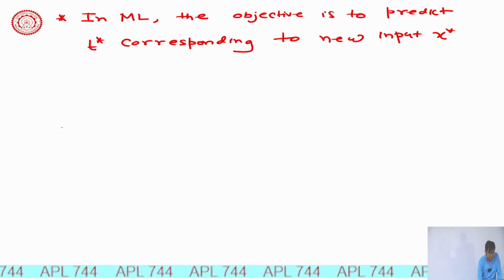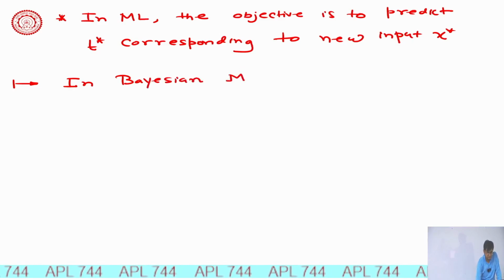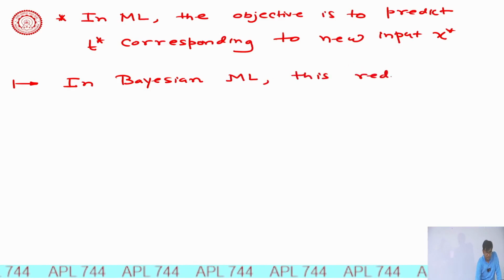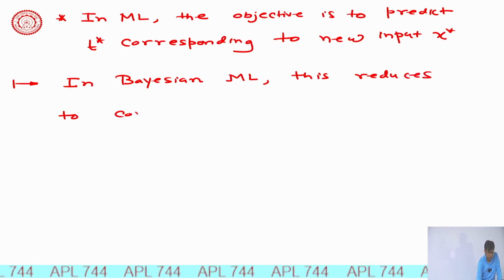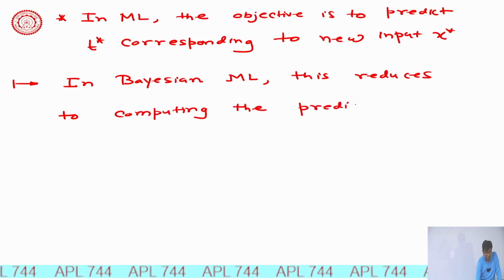So in Bayesian machine learning, this reduces to computing the predictive distribution, and this is not the first time I am introducing the term predictive distribution.